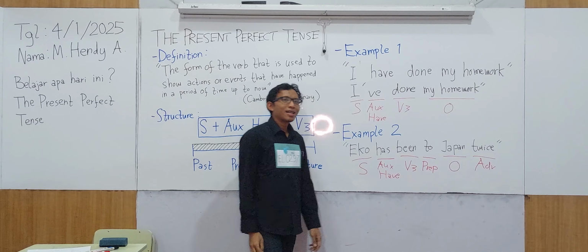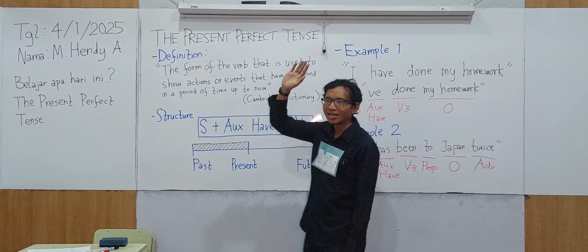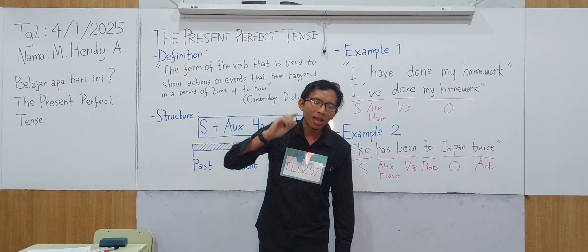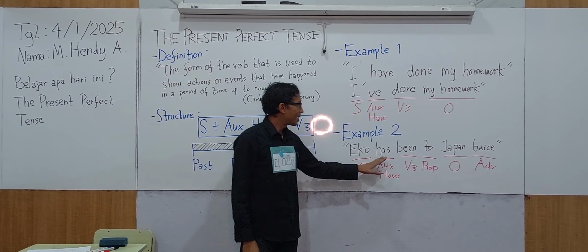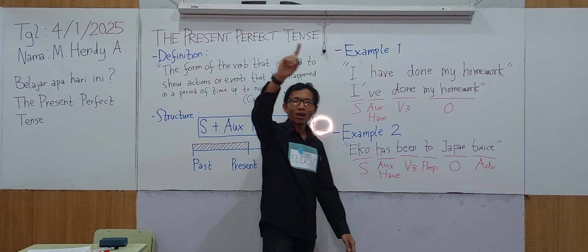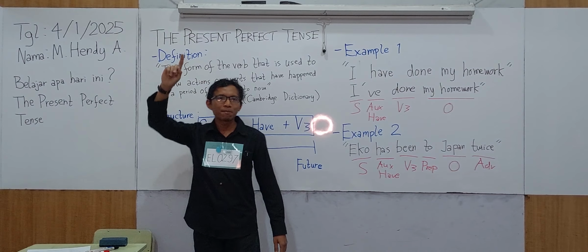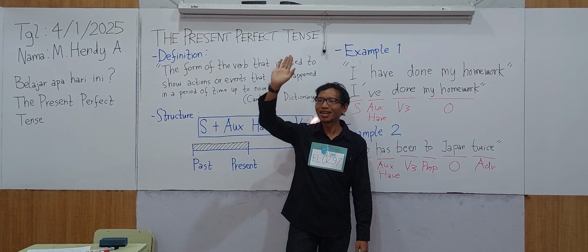That's good. So far, do you have any question? Raise your hand. Yes. Sorry? So you asked me why I used has instead of have in the second example. Anyone knows why? No. Anyone else?